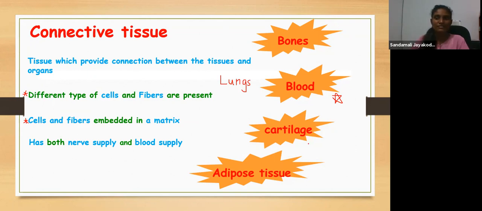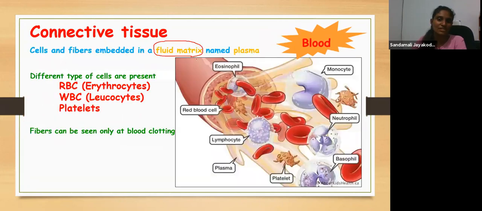Bones are very hard, we know that. Cartilage is also hard, but not as much as bones. Adipose tissue is also not a liquid. But blood has a fluid matrix, which is named blood plasma. All the cells are embedded in this fluid matrix.